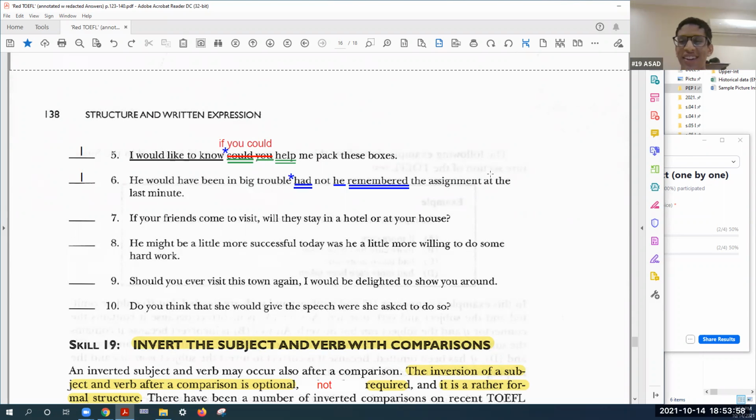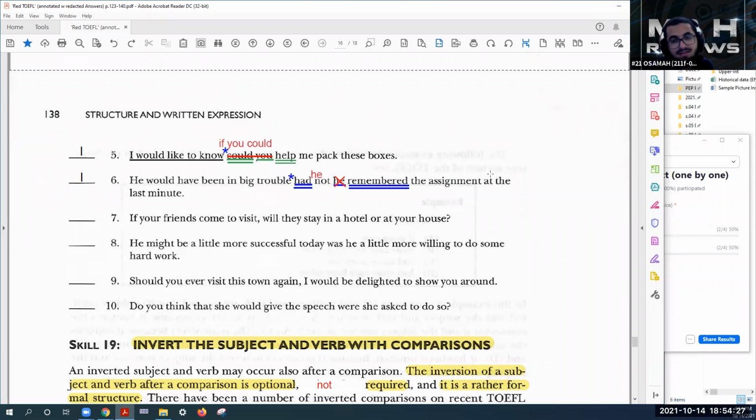Is it correct to put not in the clause where we replaced if with the auxiliary? You can make it negative, but what is the important thing? I don't know. Weren't. There you go, guys. Why?